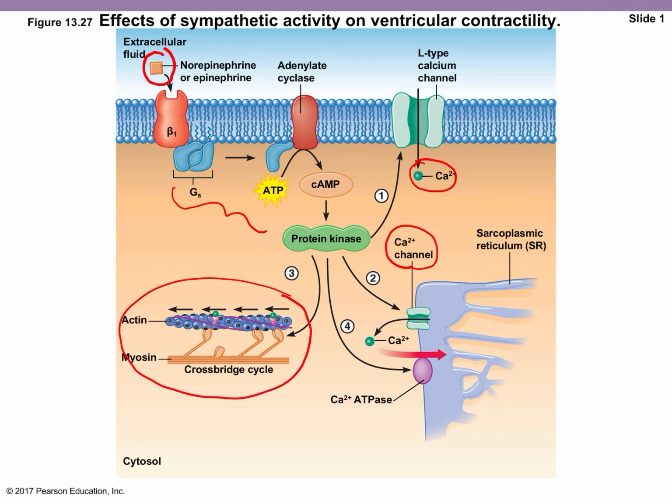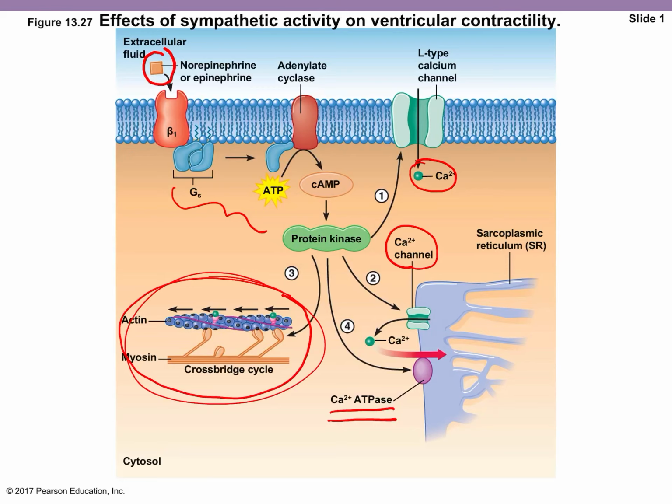And then that's going to affect the cross bridge, right? At the same time, we do also have the calcium ATPase pumping calcium back into the sarcoplasmic reticulum. So that works as well, but in terms of how forcefully that muscle contracts, it's going to affect the cross bridge formation and cross bridge cycling.